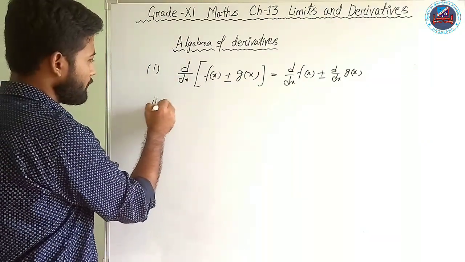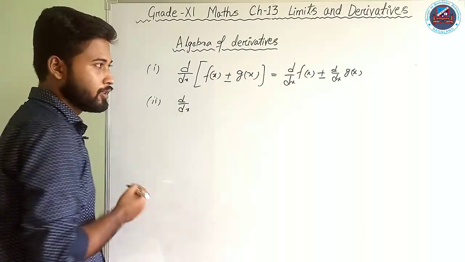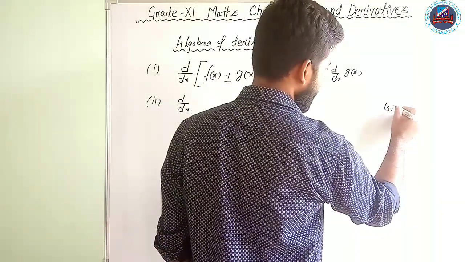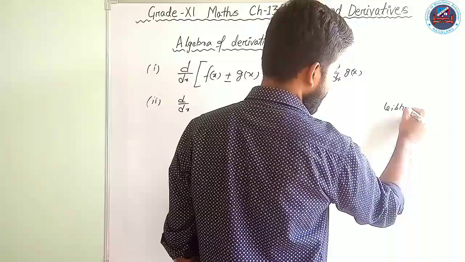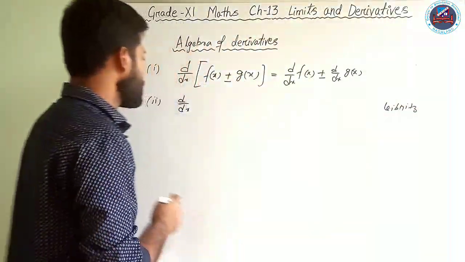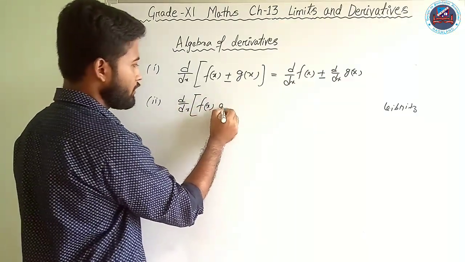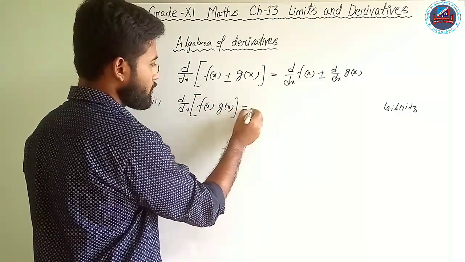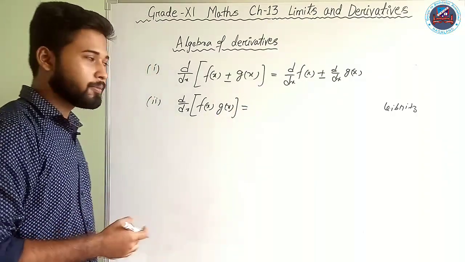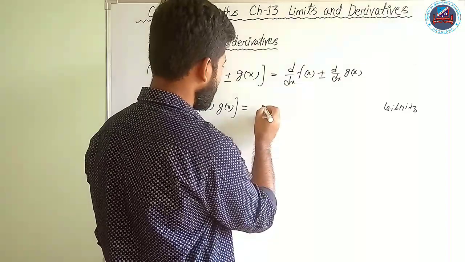The second we have is the product rule, or it is also called Leibniz rule. What is that? Derivative of function f(x) into g(x). So if two functions are in the product form, then how to take the derivative? This is a crucial one, also the most important one. How to do?